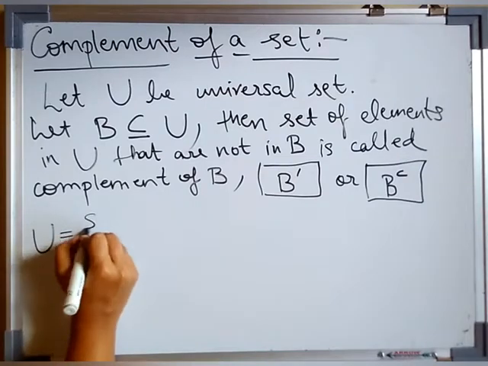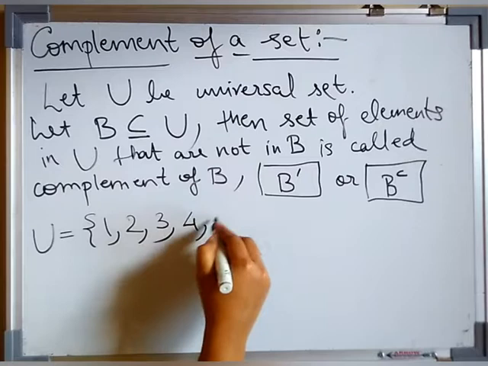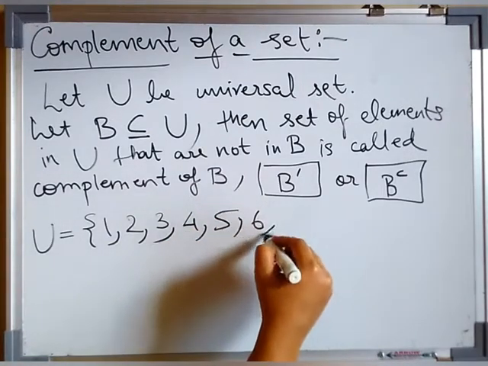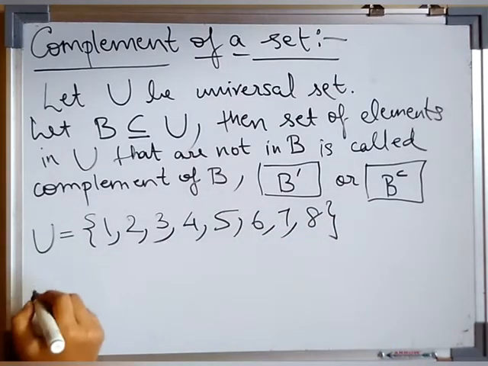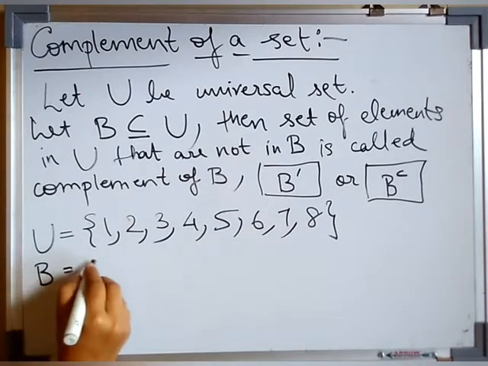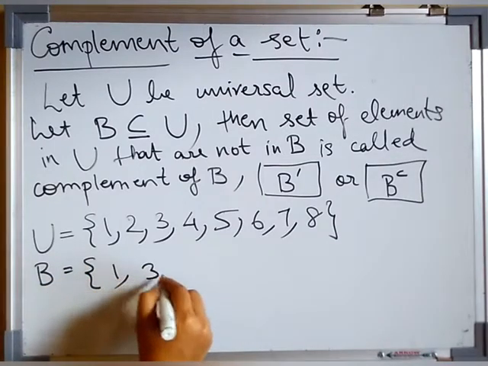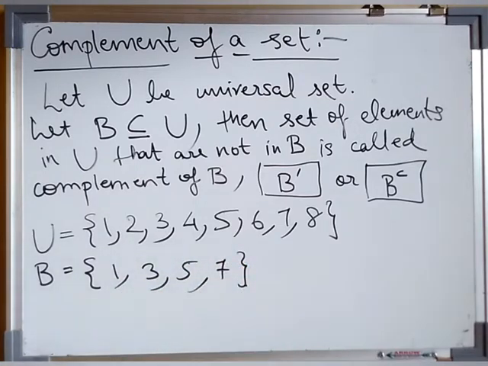Consider U, and then B to be the set of odd numbers, 1, 3, 5, 7.